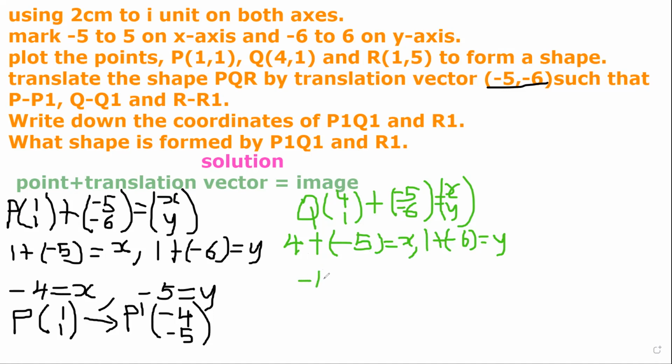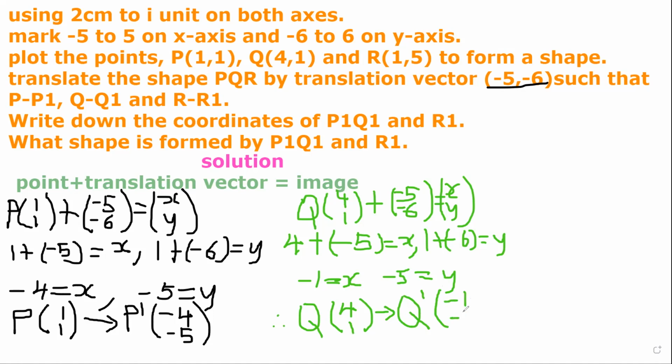You'll still have an outstanding debt of -1, equal to X. And then the +1 will be used to reduce the debt of 6, and you'll still have an outstanding debt of -5, which is equal to Y. Therefore, point Q, which is 4 and 1, moves by translation vector 5 left, and then 6 down. 5 left because the left is the negative side of the X. So 5 left and then 6 down, that will be Q prime, which is -1 and -5.